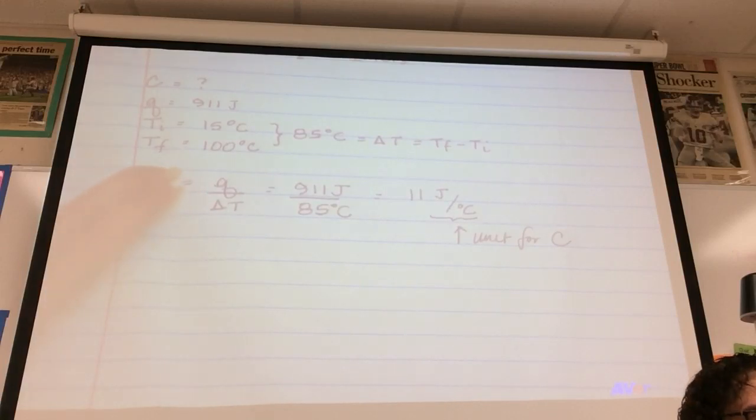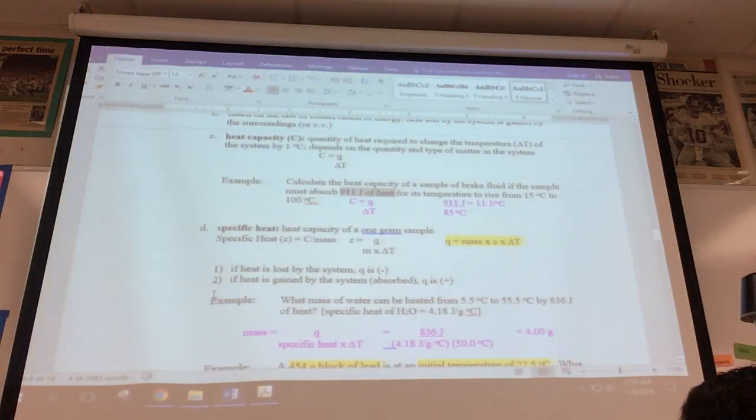You'll see heat capacity in your lab. You could see it in an AP type question, although typically what you're probably more familiar with from honors is specific heat. Very similar, but it's the heat capacity of a 1 gram sample. So to go from heat capacity to specific heat, you simply divide the heat capacity by the mass of your sample, and that's what you see here.